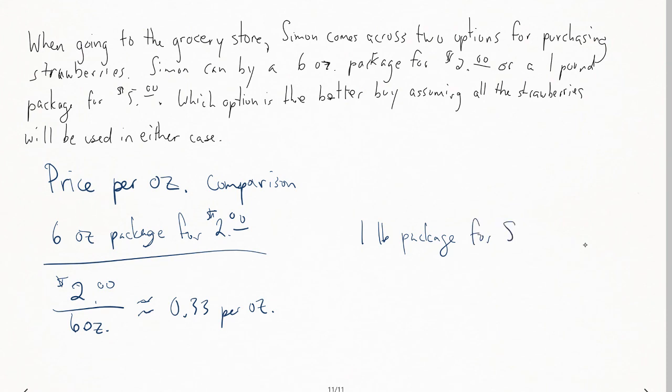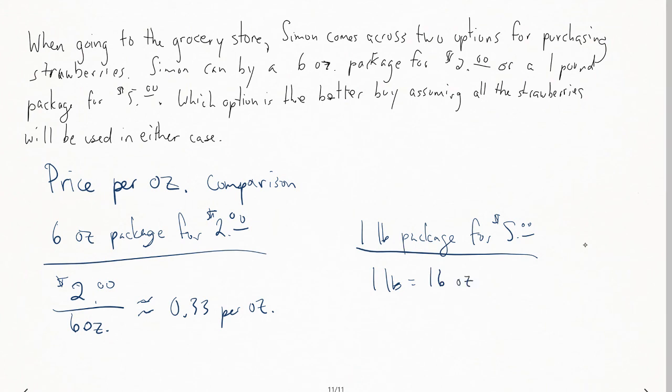for $5. Right? But notice here we've got a little bit more conversion to do. We have to convert pounds to ounces, right? So how many ounces are in a pound? I'll give you all a second to see if you can figure that out. And so hopefully you all see it. And so a pound would be 16 ounces.